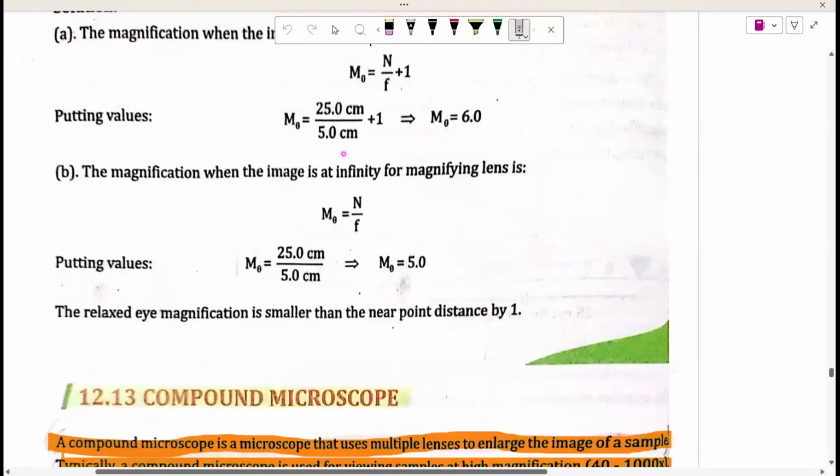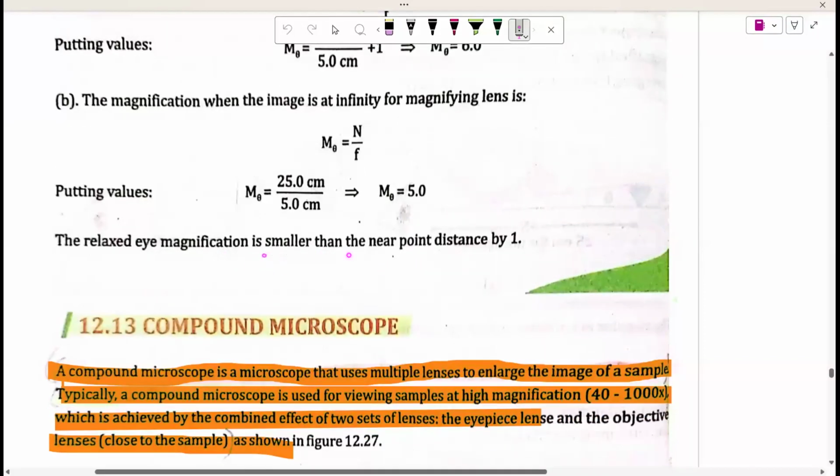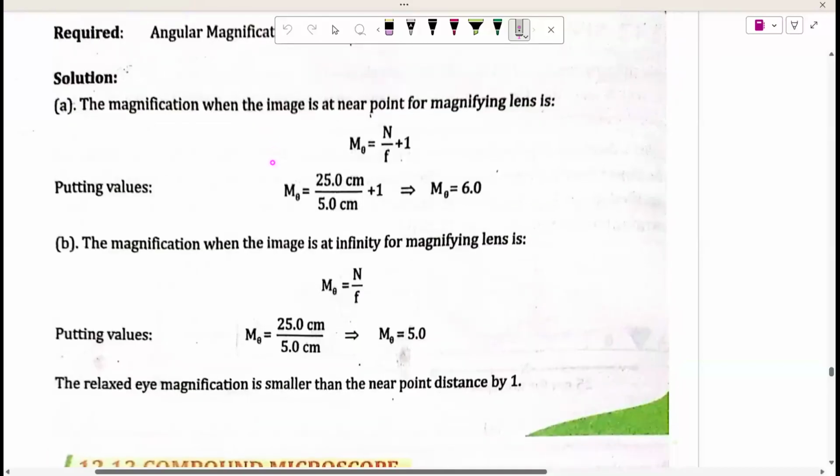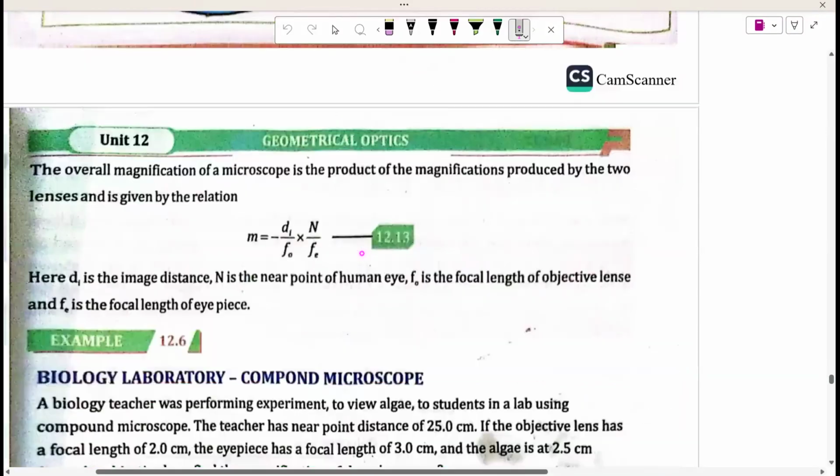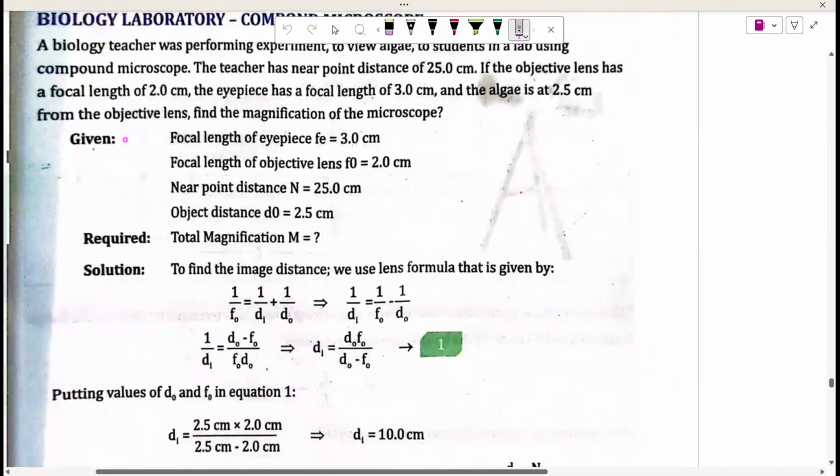N/F, focal length उसने हमें दी हुई थी, 25 over 5 plus 1 is equal to 6. और simple angular magnification हमने निकालनी है at infinity. Just हम N/F का formula use करेंगे, that came out to be 5. So relaxed eye magnification is smaller than the near point distance by 1. अगर हमें object place at infinity पे करना है तो N over F है, और अगर near distance पे है तो ये formula. तो हम लोगों ने इन दोनों के हिसाब से देख लिया.